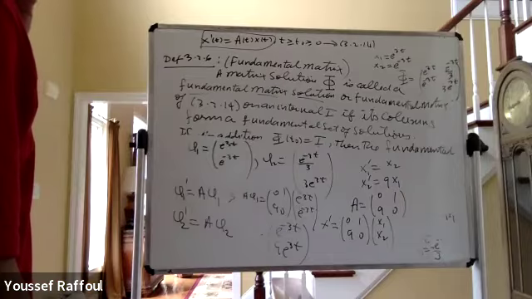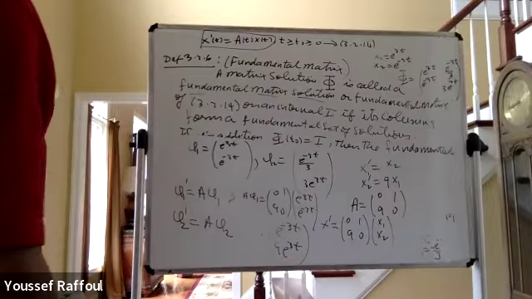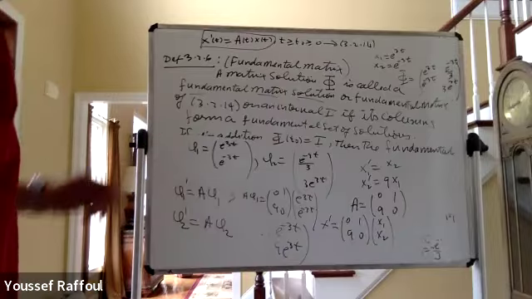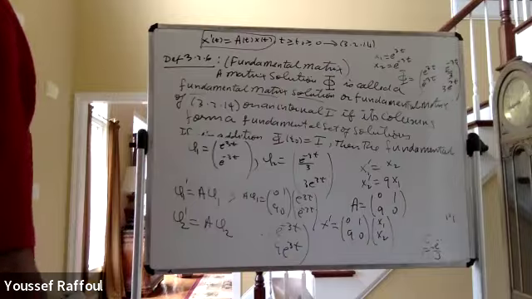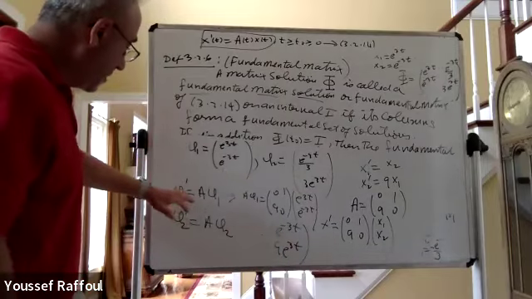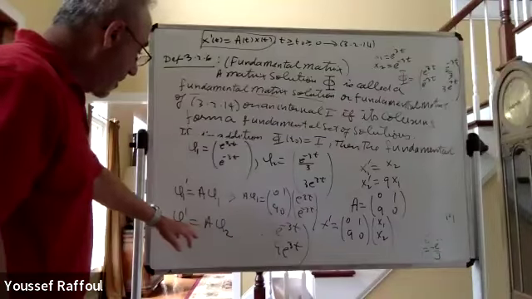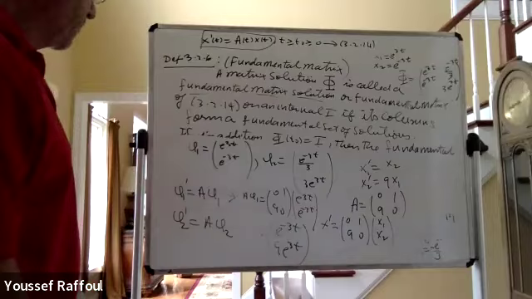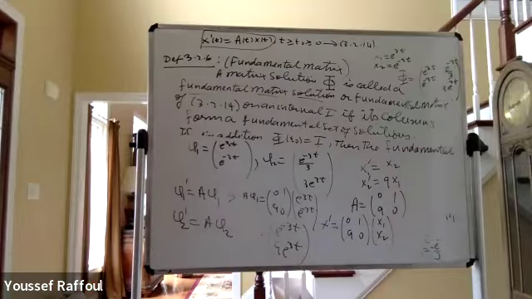So I did get my stuff mixed up, but that's all right. I will explain in a second. I should have taken the other way around. So what you need to show is phi 1 prime equal A phi 1, phi 2 prime equal A phi 2, and you should be okay.